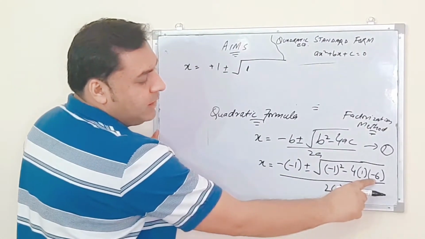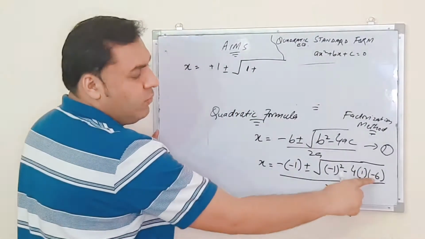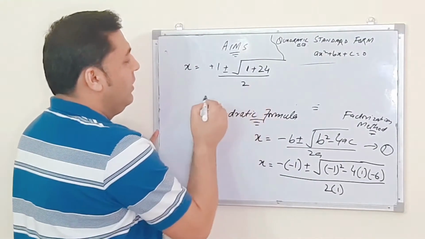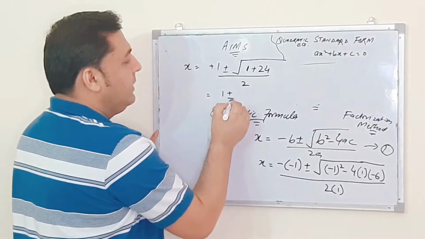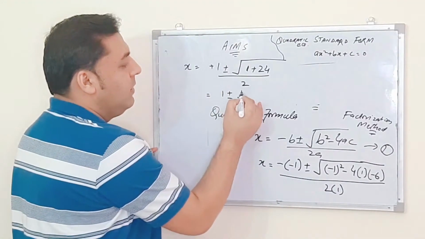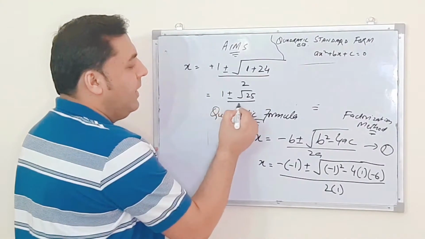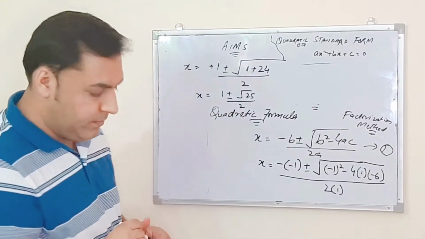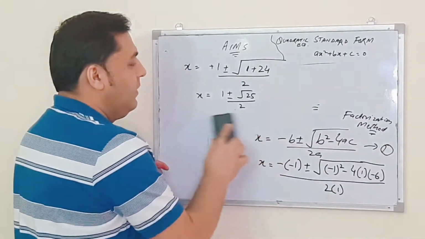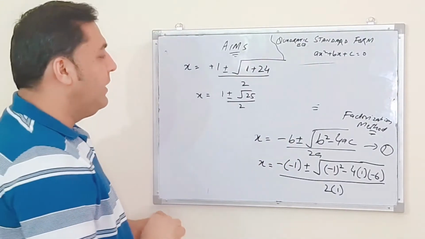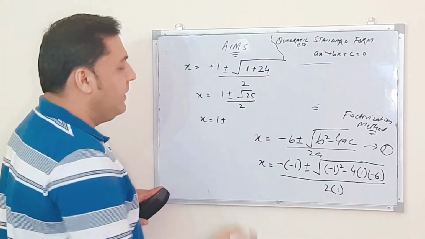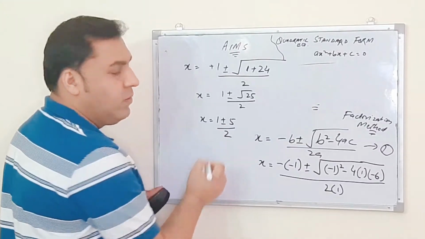This minus into this minus is plus 6 into 4, 24, so 1 plus 24 is 25, divided by 2. So x equal to 1 plus minus the square root of 25, which is 5, divided by 2.